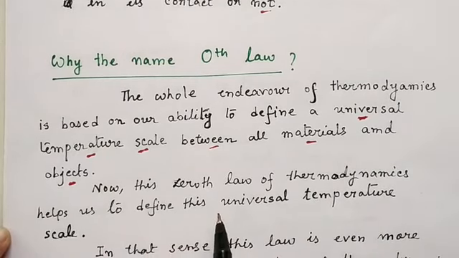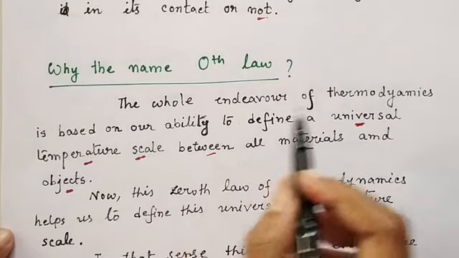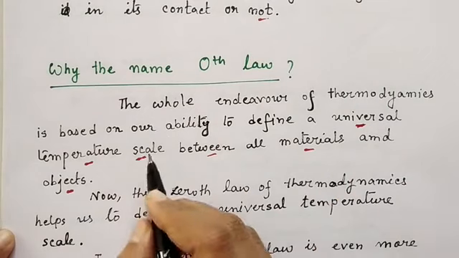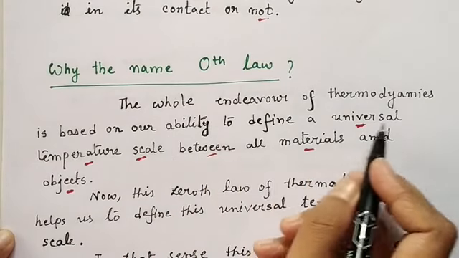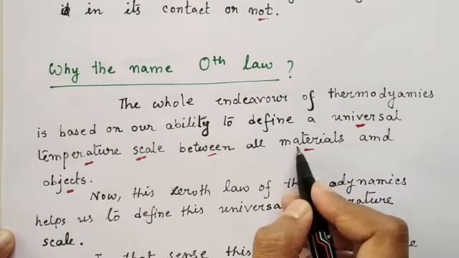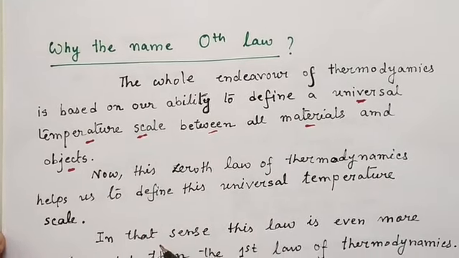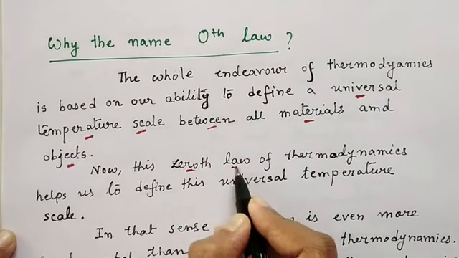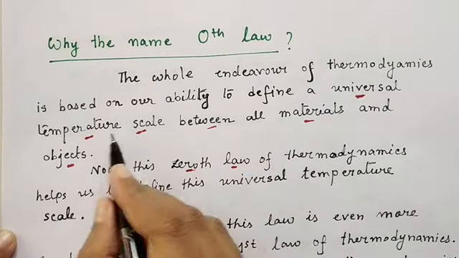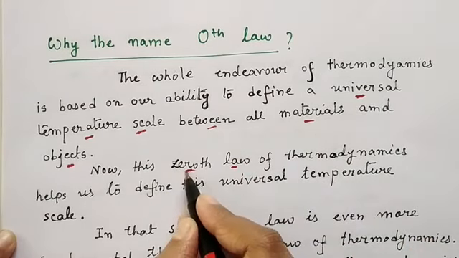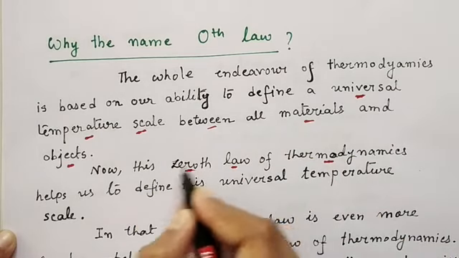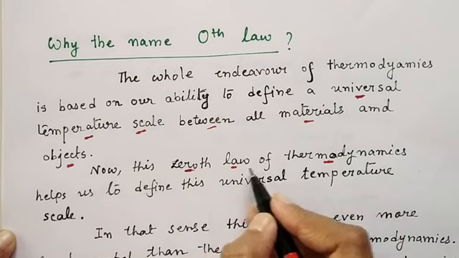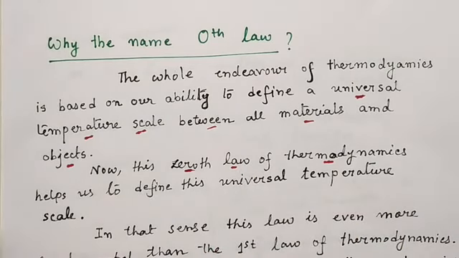So thermodynamics and the first and the second law of thermodynamics are all based on the ability to define a universal temperature scale between all materials and objects. This concept of a universal temperature scale we get from the so-called zeroth law of thermodynamics, the statement of which we just stated.